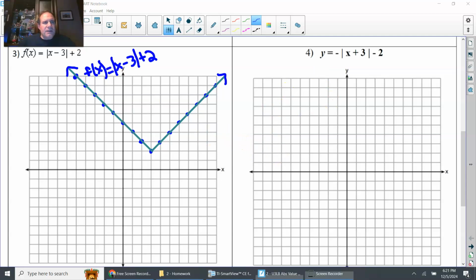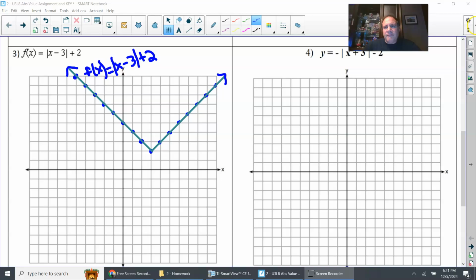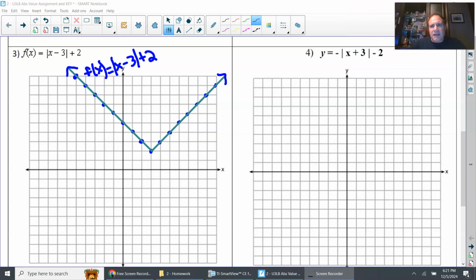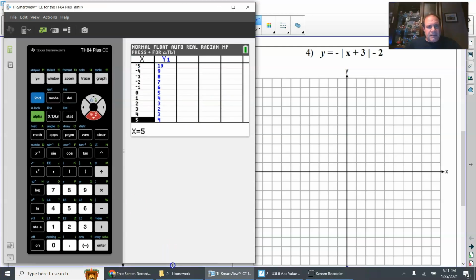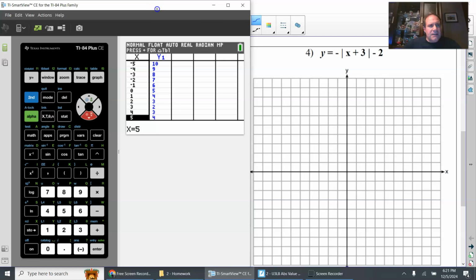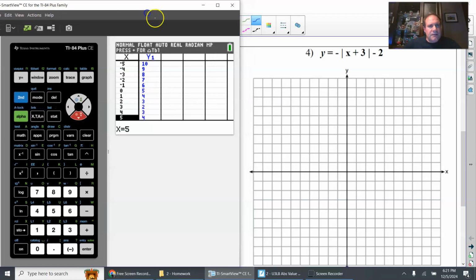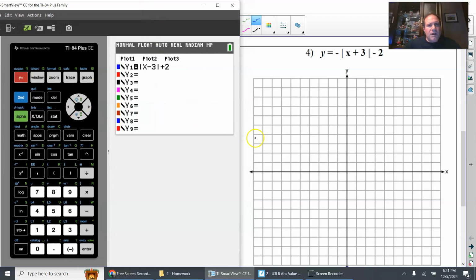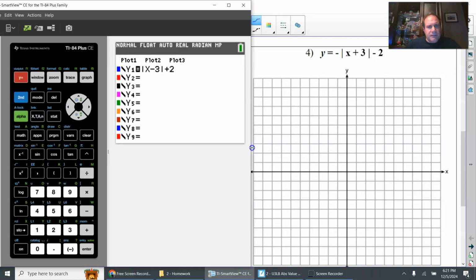The last one that I am going to graph is this one right here, and there's a lot going on with this one. See that negative outside? Let me get this to the biggest that it could possibly be. So this is y equals, stretch this out, and we're going to clear that out.